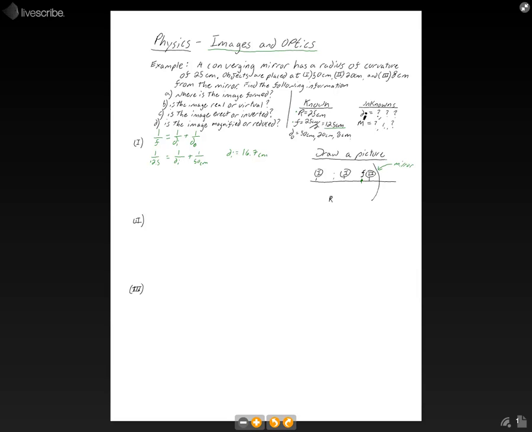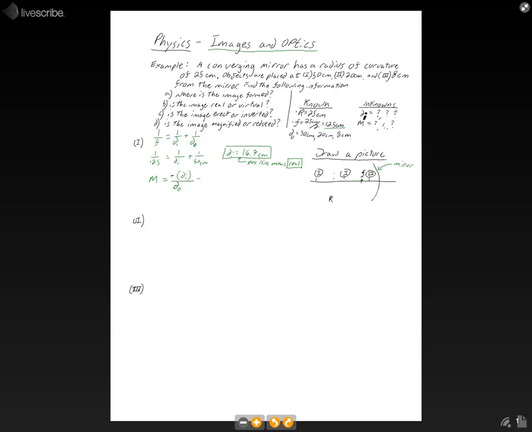The other thing to note about this is that it's a positive number that you've gotten out. So positive means real. So 16.7 centimeters and real. The next thing we need to do is use the magnification equation. Magnification is equal to negative di divided by do.